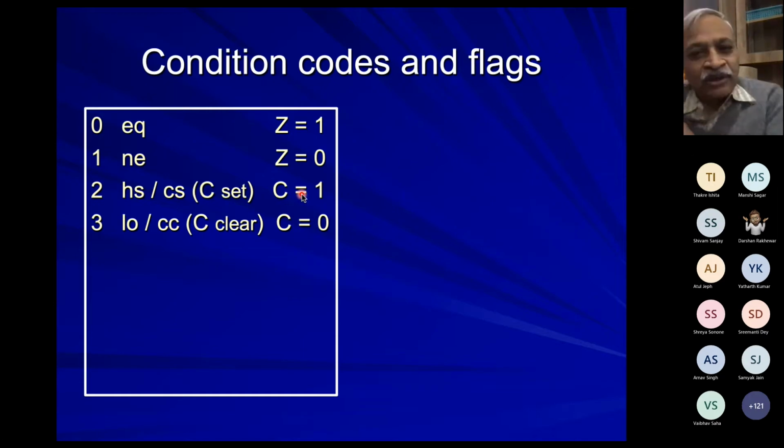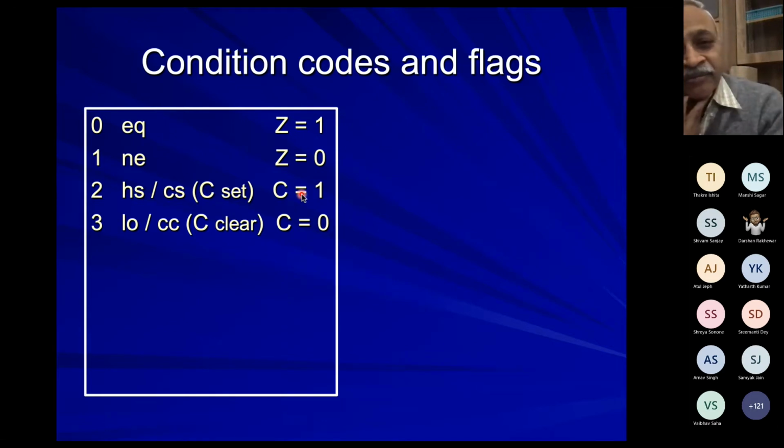Okay, so let us say you want to do x minus y. So what you will do is x plus 2 raised to power n minus y. And if x is more than y, the result will be more than 2 raised to power n.